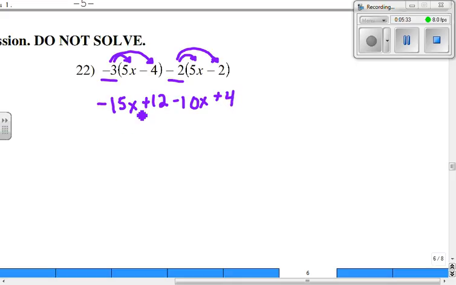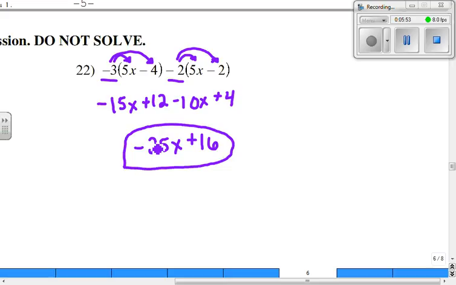Okay, negative 15x minus 10x is negative 25x. And then positive 12 plus 4 is positive 16. So when we simplify, we get negative 25x plus 16 as our final answer.